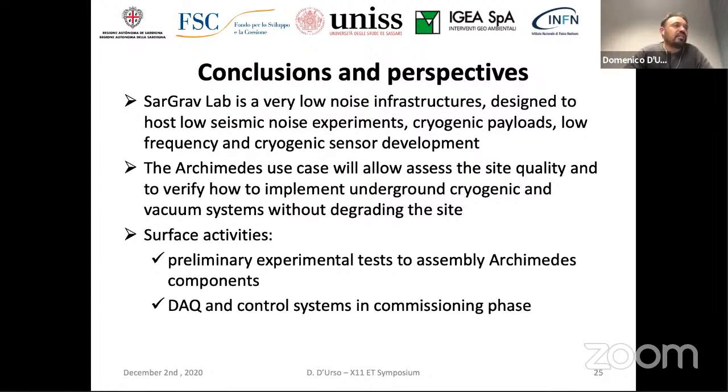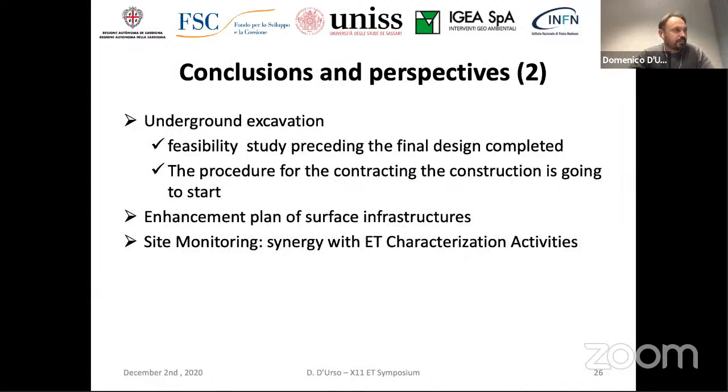On the surface, there are preliminary experimental tests to assemble Archimedes components, and the DAQ and control system, the generic control system, are in commissioning phase. About the underground excavation, all the feasibility studies preceding the final design have been completed, and the procedure for contracted construction is going to start.